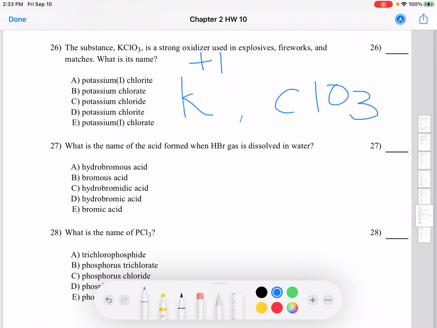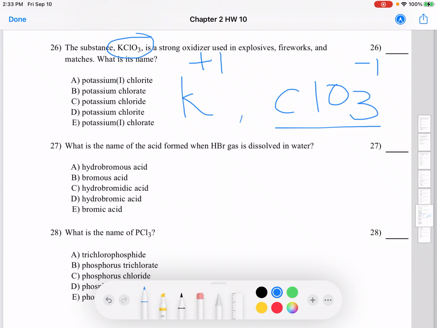You refer to the table chart of polyatomic ions and you locate what is ClO3. So you will see that the ClO3 stands for chlorate and it has a charge of -1. So you are given this as KClO3. So then the name is going to be potassium chlorate.